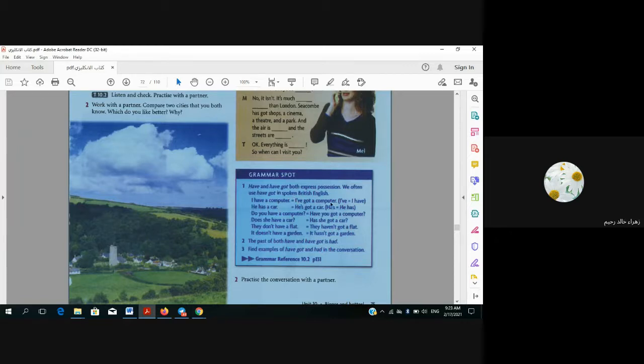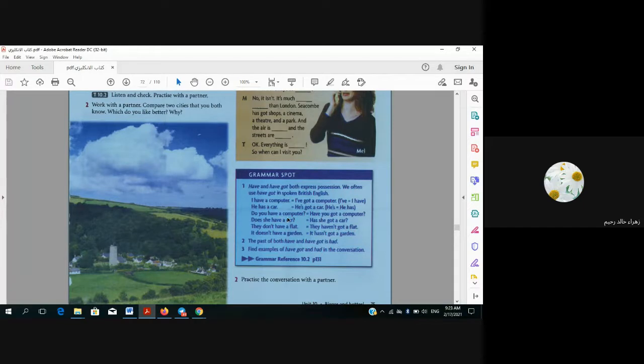I've got a computer. He has a car. He's got a car, which means he has. The contraction here is I've and he's, meaning I have and he has, not he is. When you see got with a contraction before it, it means he has or she has. Okay? Not he is or she is.